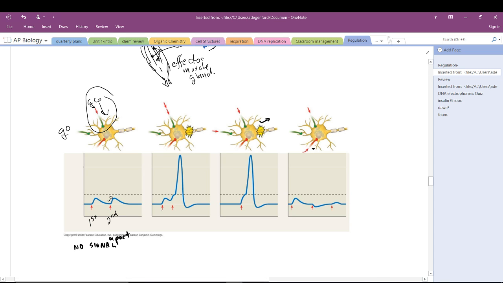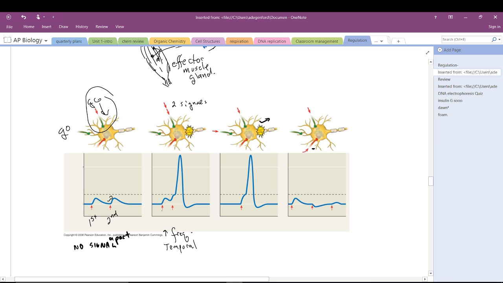But let's look at case number 2. We're getting two signals, but notice the frequency has increased. So now we get a second signal before it has reached resting potential. This is called temporal summation.